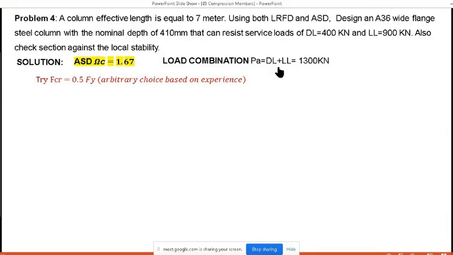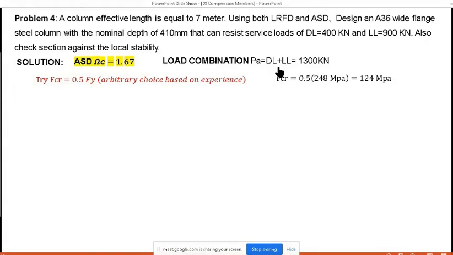So that will be our baseline or benchmark in determining our gross section area. That is the arbitrary choice based on the past experience. So we need to try our FCR is equal to 0.5 of Fy.